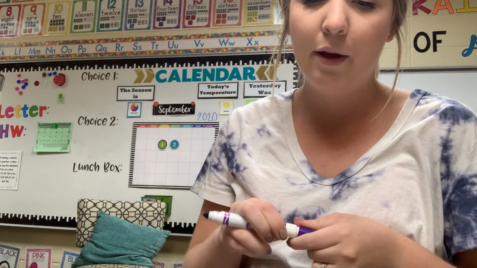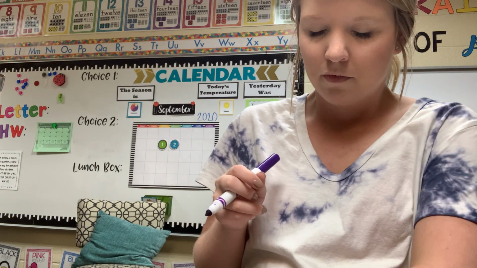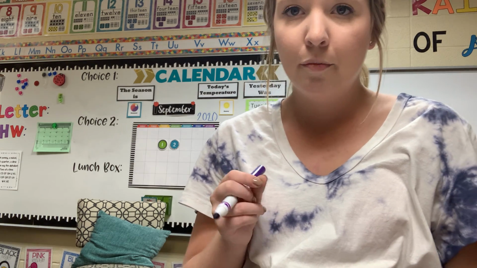All right. You should have a crayon, a pencil, or a marker, something to write with so that we can fill out our calendar notebook. So we said that it is a new month and it is called, say it with me, September. Good. So we need to trace September at the top.